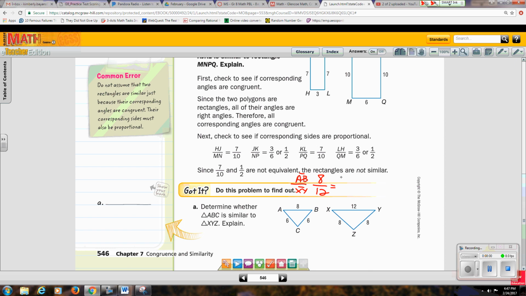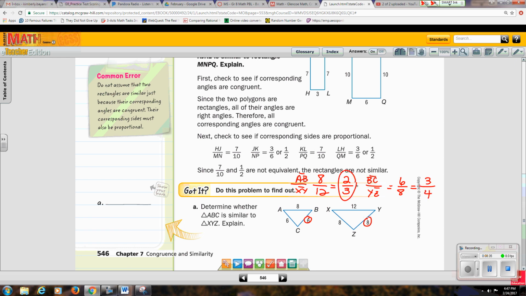Okay, I'm just going to put those over each other. And I'm going to reduce this to 2/3. Okay, and then I'm going to put side BC over side YZ, and that is 6 over 8. I've got to look at these. Okay, 6 over 8. And 2 goes into both of these. So 6 divided by 2 is 3. 8 divided by 2 is 4.